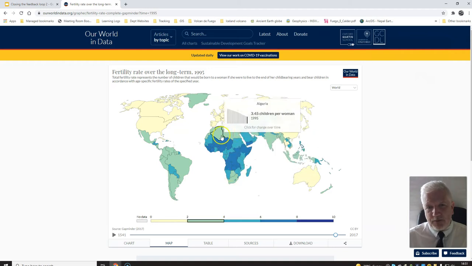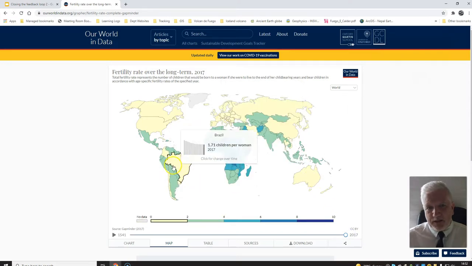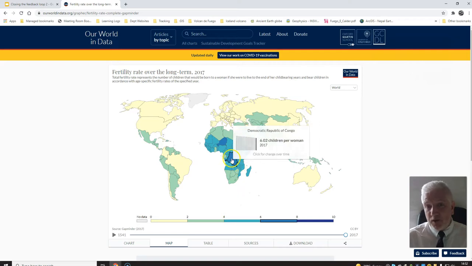North Africa and South Africa are starting to be the same as South America. We bring this right up to date, and we can see the progression that Europe and South America and Asia, similar in many degrees. Africa has made big progress, but there's still this bit in the middle, sub-Saharan Africa, where the fertility rates are lower than they were, but they're still higher than everywhere else.